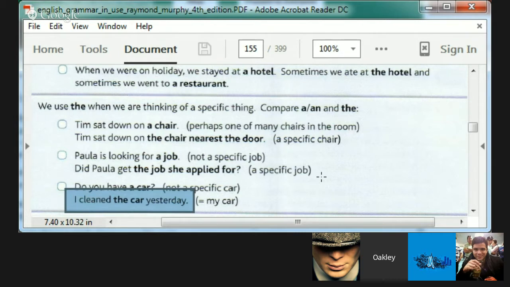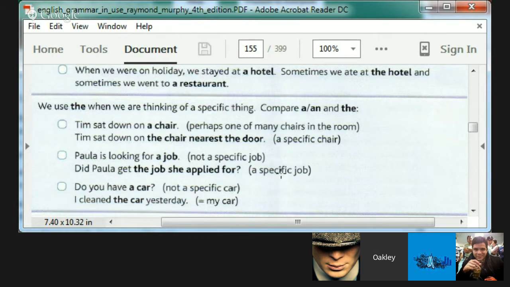If you just walk out on the street, start cleaning somebody else's car, that would be crazy. So it's understood if you say, I cleaned the car yesterday, if you're sane at least, you're going to clean your own car.